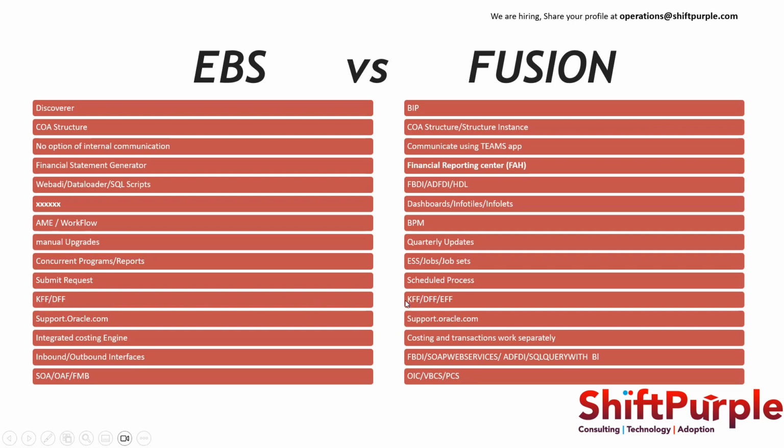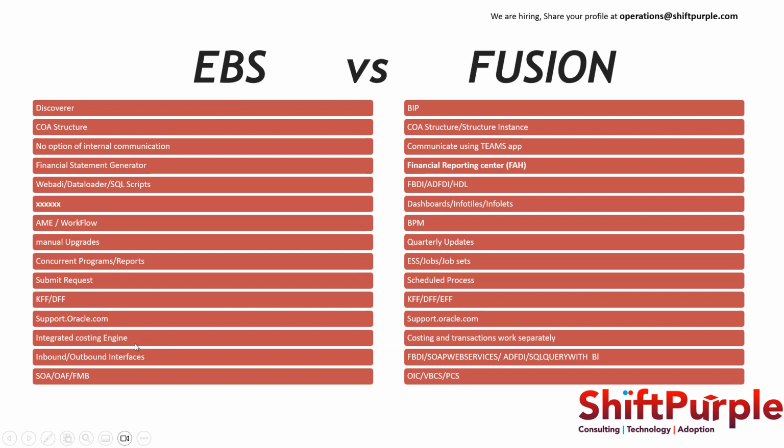Fewer key flexfields came from EBS to Fusion, and then we have the DFF concept as it is, and they have introduced the EFF concept as well, where you can have an entire page with as many fields as you want. Support.oracle.com we earlier used to call Metalink in EBS time. Now it has been converted to support.oracle.com.